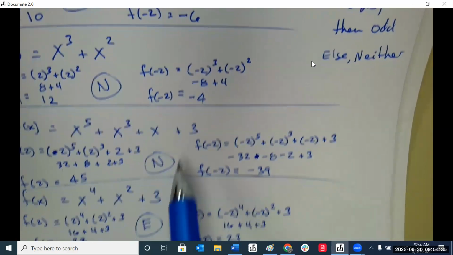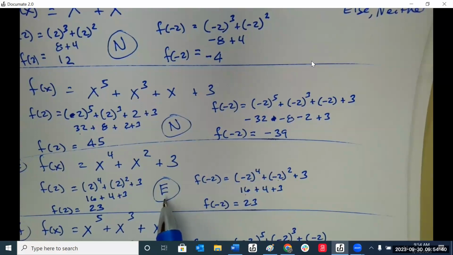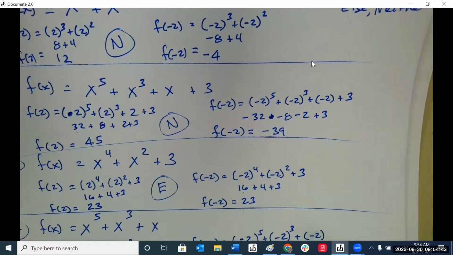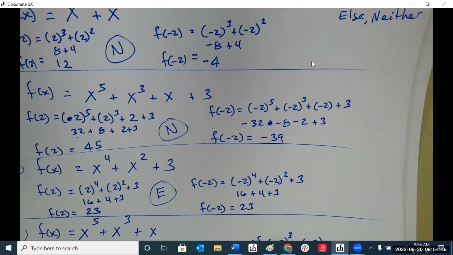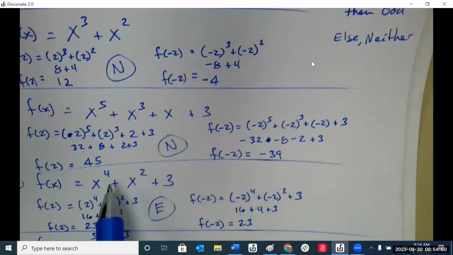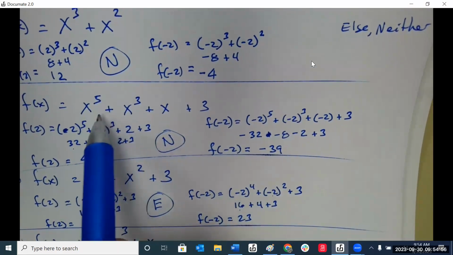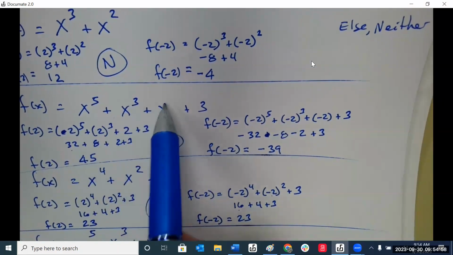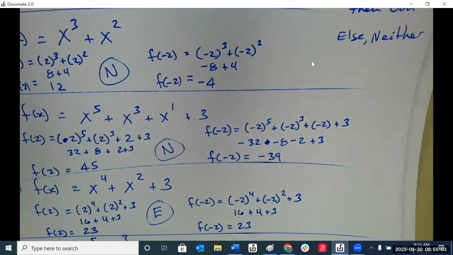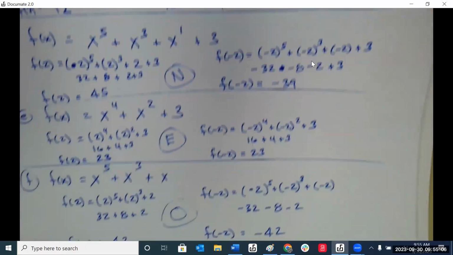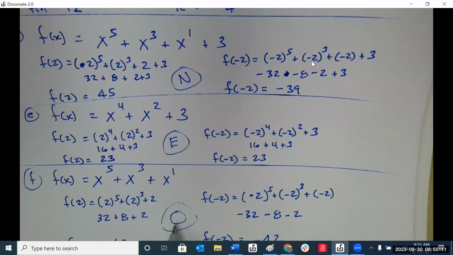Why is this one a neither and this one an even? What do you notice about these exponents versus these exponents? If you have only odd exponents, because this exponent is actually a 1, like this one here, 5, 3, and 1, they're all odd, it's an odd function.